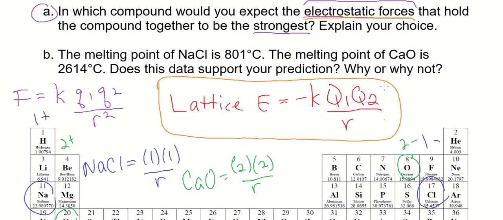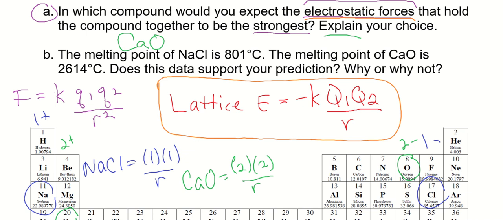So now we can answer this question. The electrostatic force, or the lattice energy, of calcium oxide is going to be much stronger than for sodium chloride, and the explanation is that calcium oxide has greater charges. One thing to note is that these are not the actual charges. When we say +1, -1, +2, -2, those are just multiples of the fundamental charge.